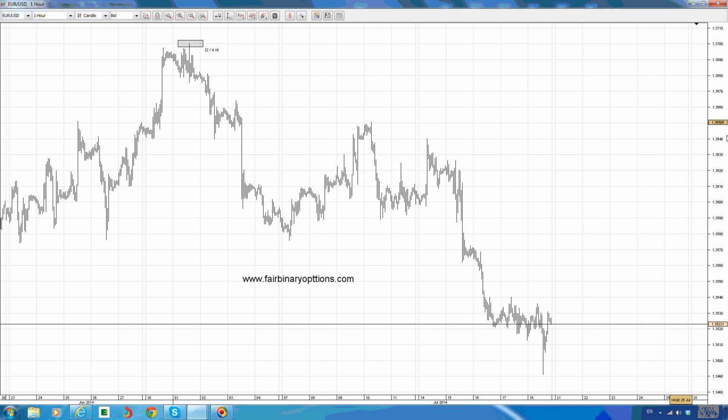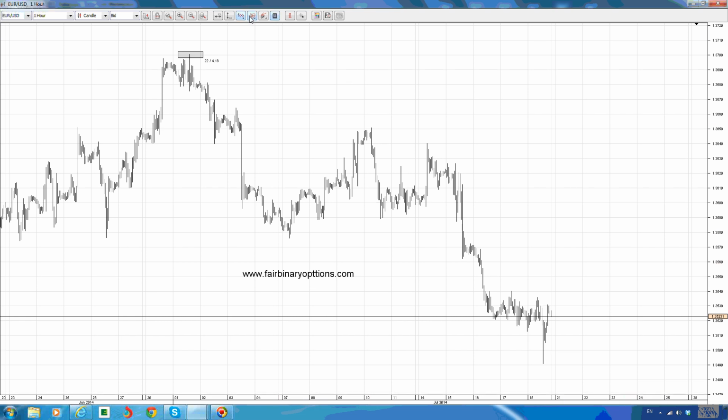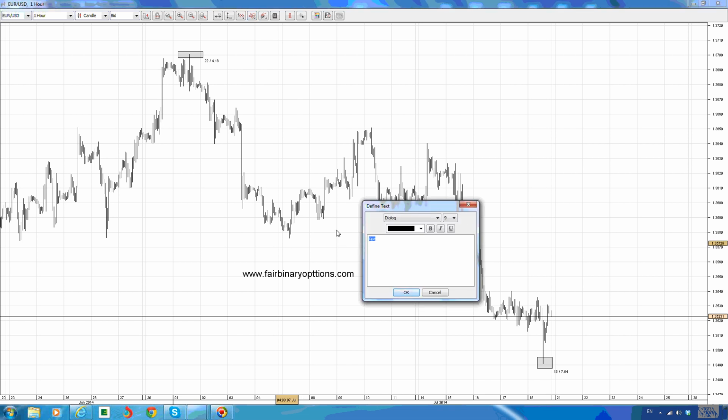The time element says that in a classical ABC, and I would say that this is a classical ABC from that moment till this moment, the time taken for wave A should be similar to the time taken for the B wave and for the C wave to form.